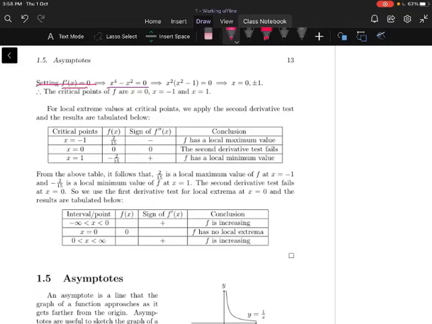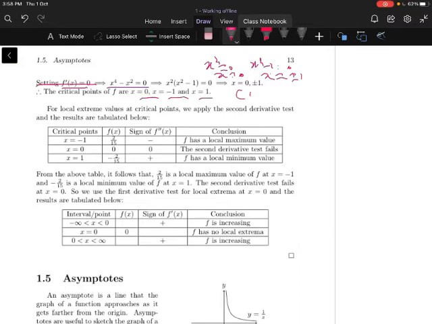Let us solve this equation. x square is common, so x square into x square minus 1 is equal to 0. This implies either x square is equal to 0 or x square minus 1 is equal to 0. So x is equal to 0, or x is equal to plus or minus 1.